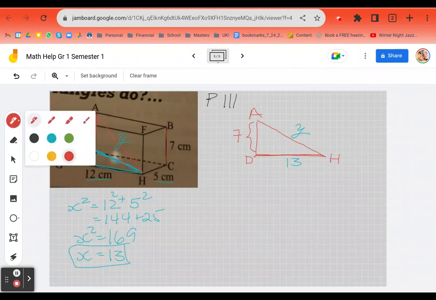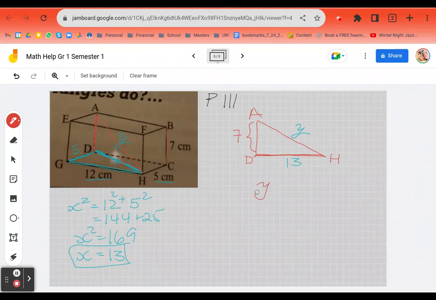So I'm going to switch my colors because I'm over here. So now I have y squared equals 13 squared plus 7 squared equals, I worked it out, I just picked y out of the hat, by the way, it's nothing. I think, did I do that right? It's like 218, and then the square root of that is, not working, hang on.